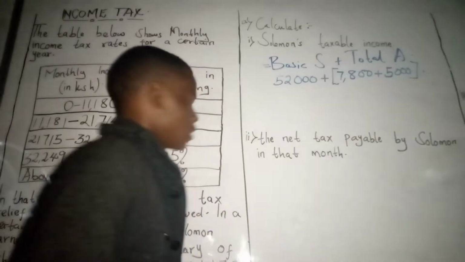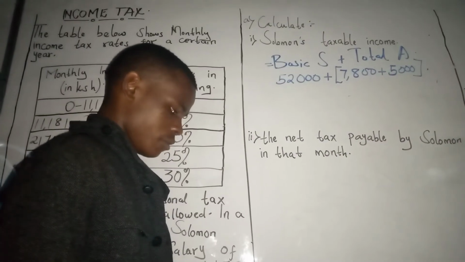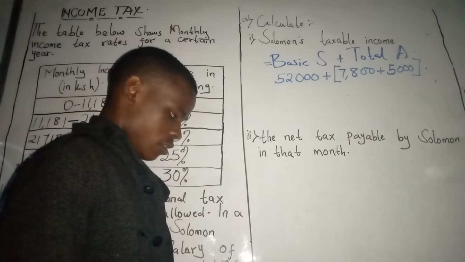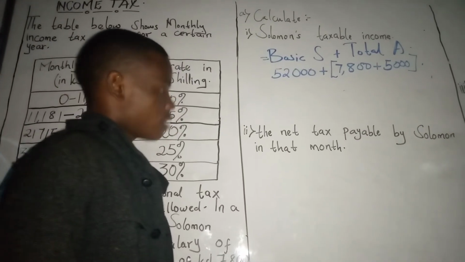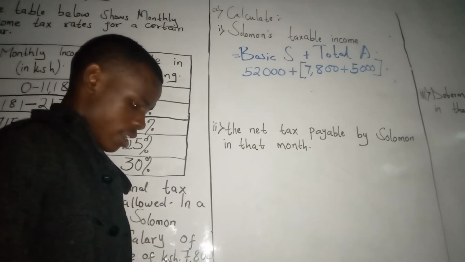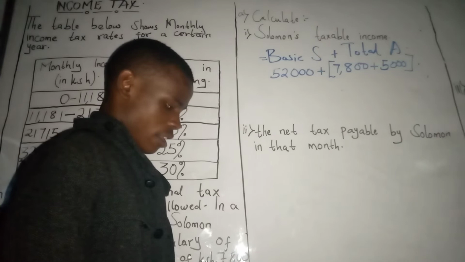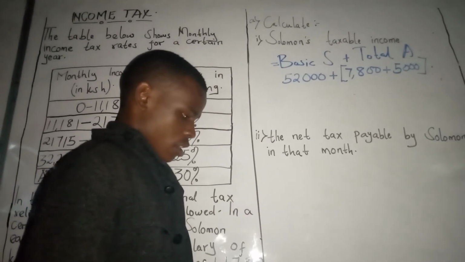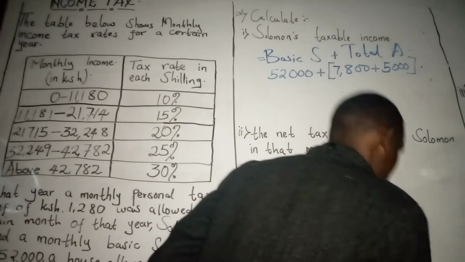So 52,000 plus 7,800, then plus 5,000, that one is going to be 64,800.